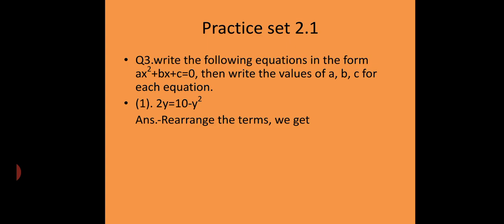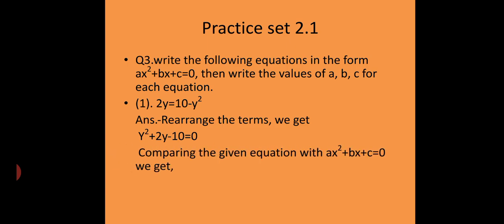Rearrange the terms, we get y square plus 2y minus 10 equal to 0. Comparing the given equation with ax square plus bx plus c equal to 0. We have to write this sentence in every example. We get a equal to 1, b equal to 2 and c equal to minus 10.